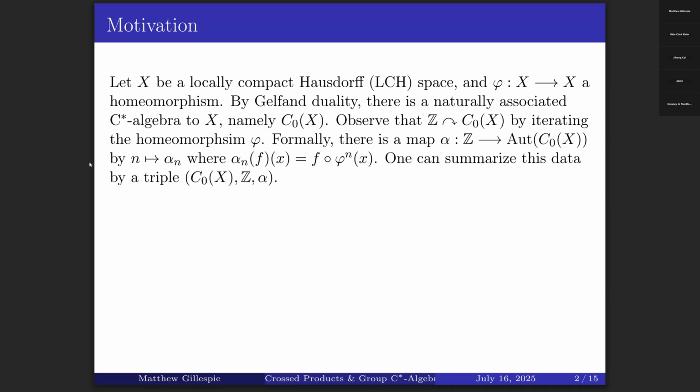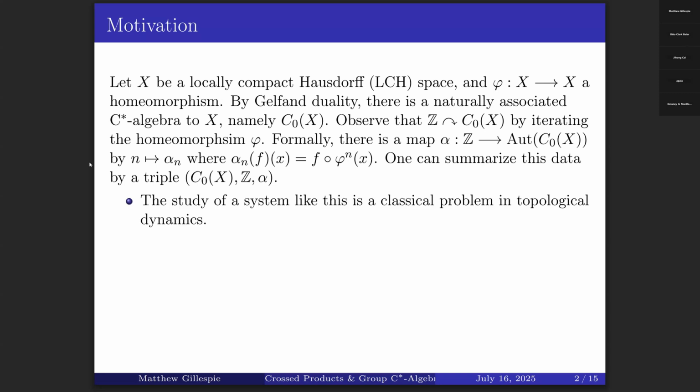We can summarize the data here by this triple: the C-star algebra C0 of X, the group, which is the integers, and the action, which is the homomorphism alpha. Studying this system is extremely similar to studying a very classical problem in topological dynamics.